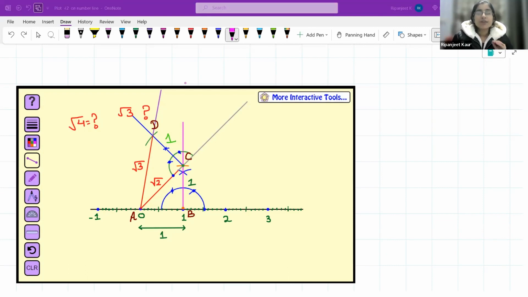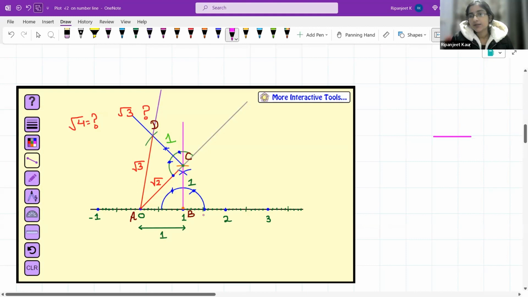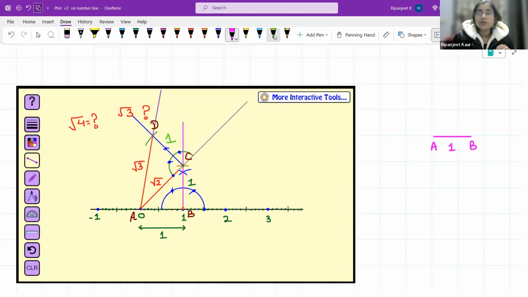To know if it is really representing root 2, what we have to do is, let us check our construction, right? So first we drew a line. The line was of 1 unit, which is AB. Then on this B point, which was 1, we drew another line, again of 1 unit.